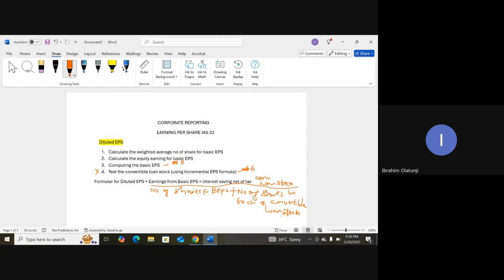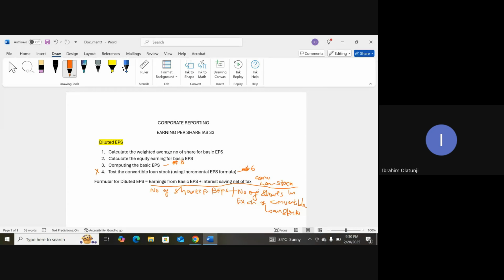But this is where you check whether incremental EPS is higher than basic EPS. If it is higher, then you will not include it.